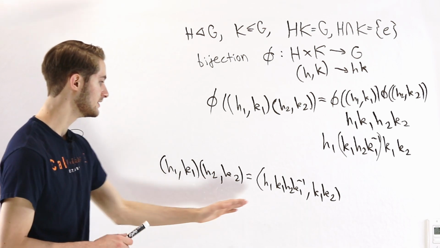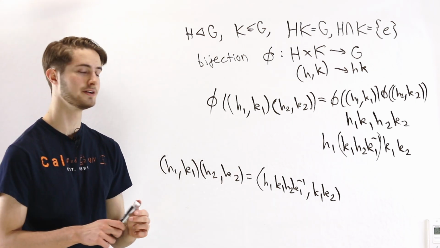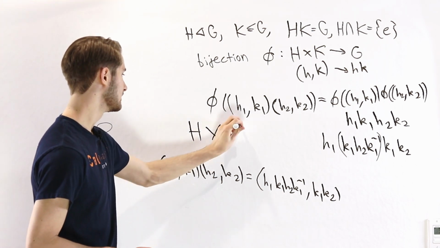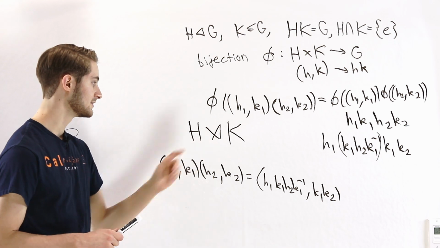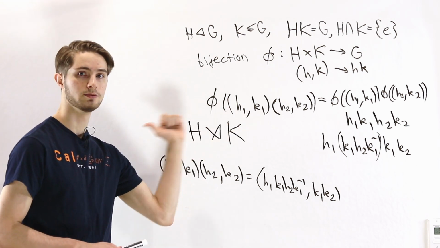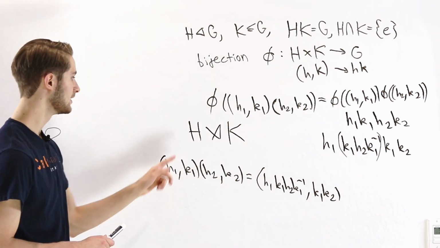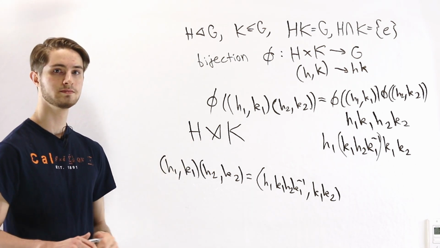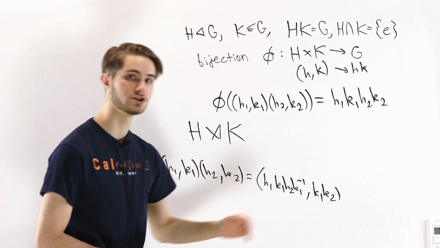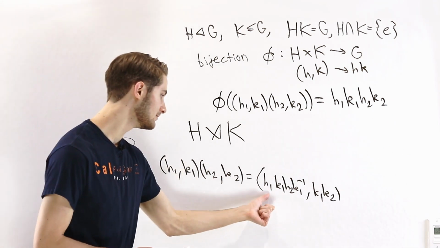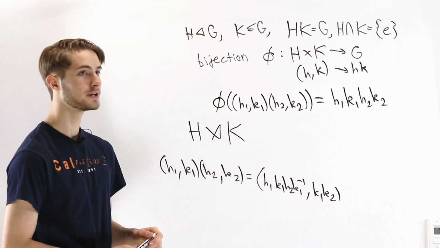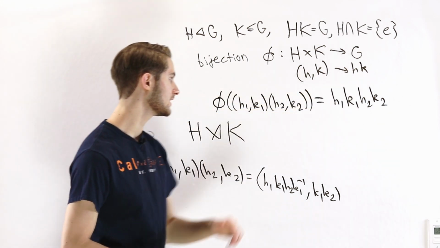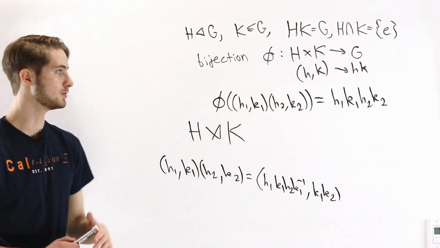So in order to show that this multiplication rule is a little bit different from the direct product, we write the group as H times K with this specific times symbol where we have the triangle pointing towards the normal subgroup. And we call this the semidirect product of H and K. And the whole reason that we wanted this multiplication to work out so that it becomes H1 K1, H2 K2 is so that when we have the map phi that sends H, K to H times K, we want it to be a homomorphism.